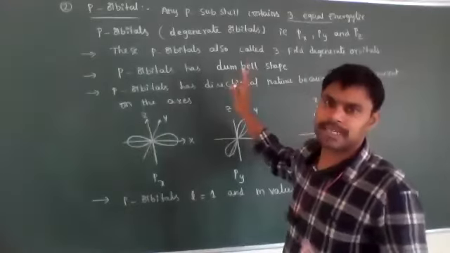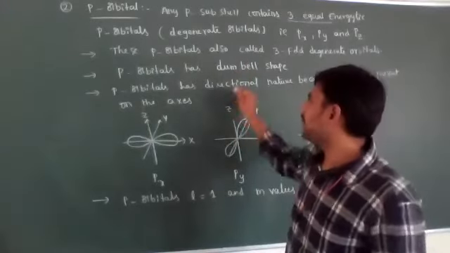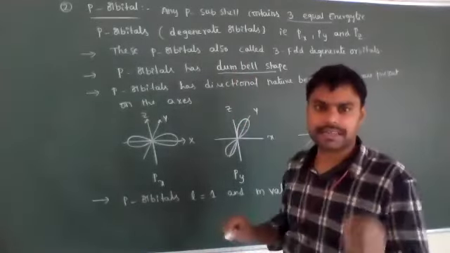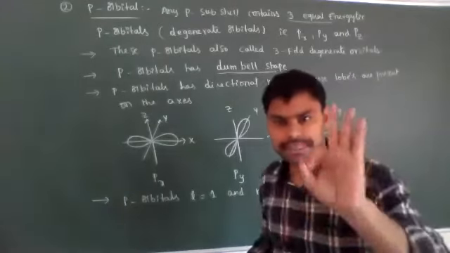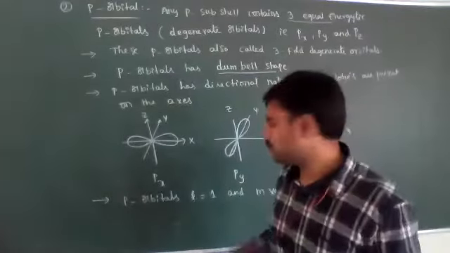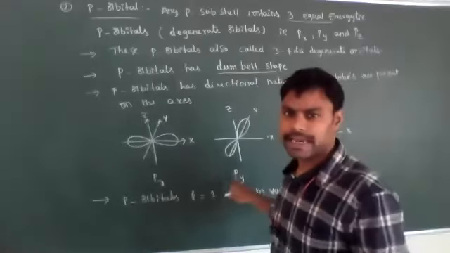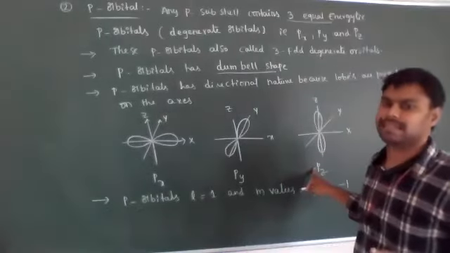So for the p subshell, the most important point is that p orbitals have a dumbbell shape. How many p orbitals are present? Three: px, py and pz.